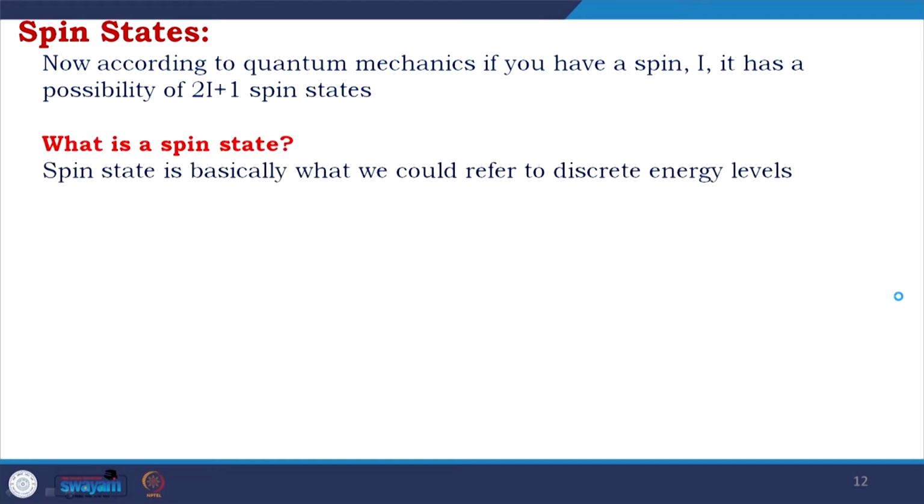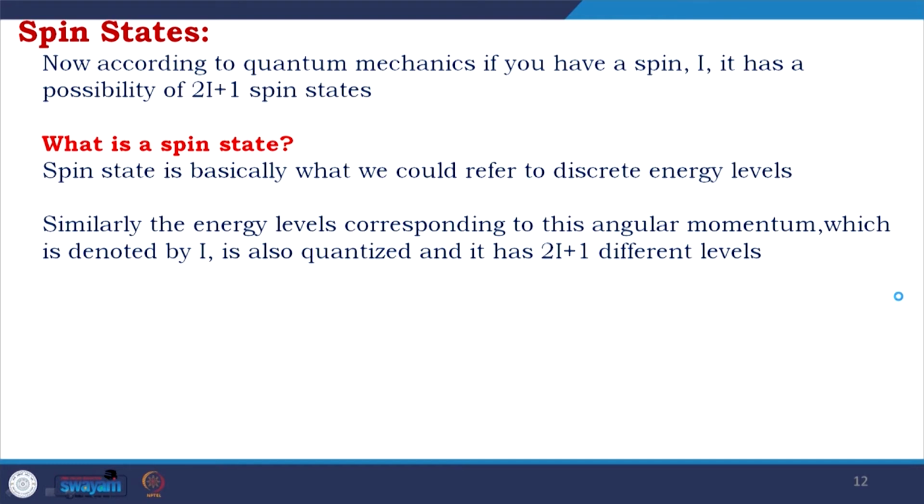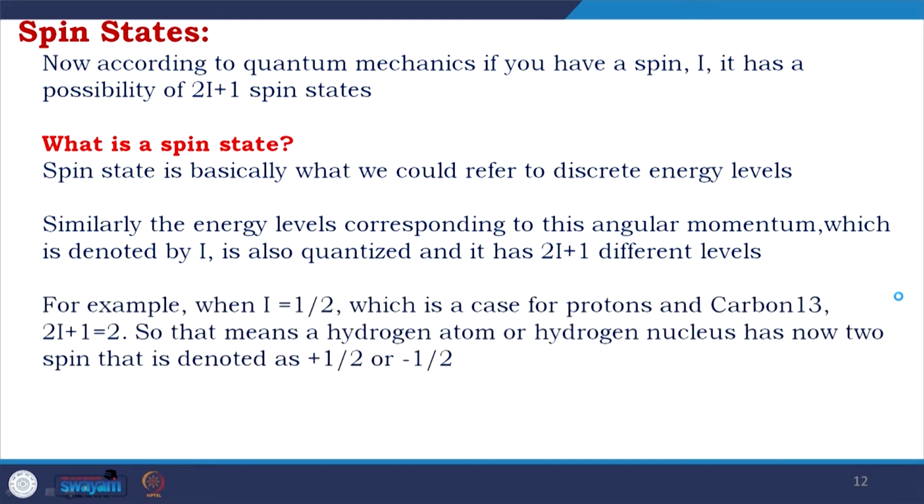Spin state is basically what we could refer to as discrete energy levels. Similarly, the energy levels corresponding to this angular momentum, which is denoted by I, are also quantized, and it has 2I plus 1 different levels, which I talked about just before. So, for example, when I equal to half, which is the case of protons and carbon 13, 2I plus 1 equals 2.